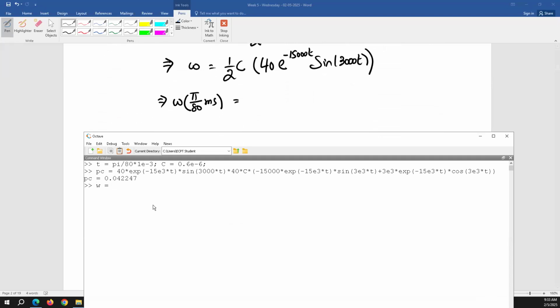So W is equal to, all right, so that's C by 2. So C divided by 2 times 40 times exponent negative 15,000 T and times sine 3000, square.